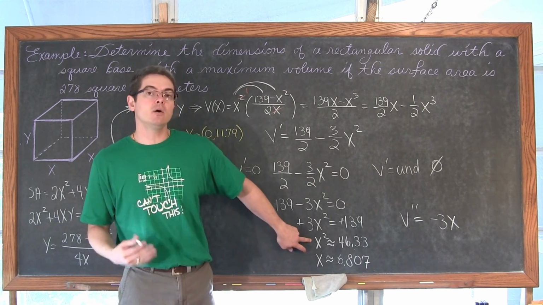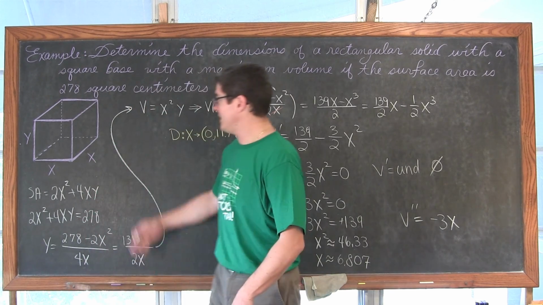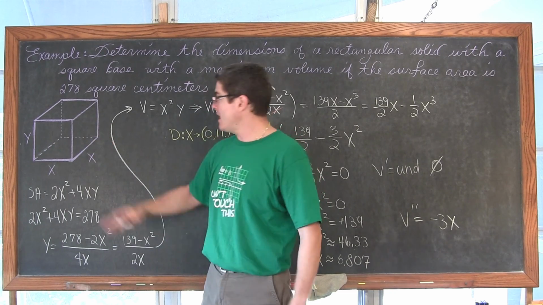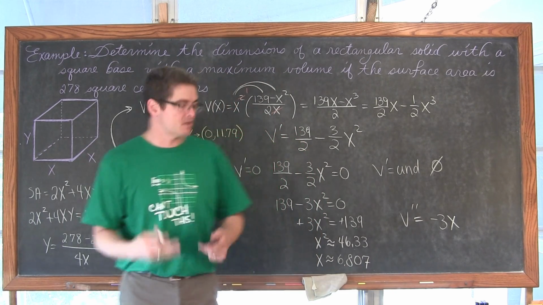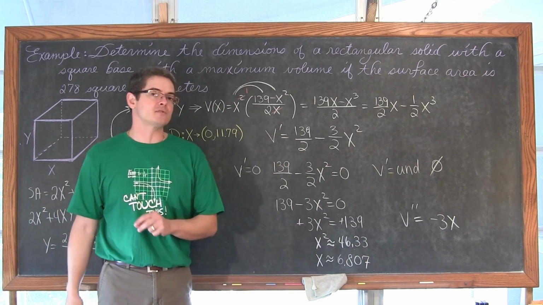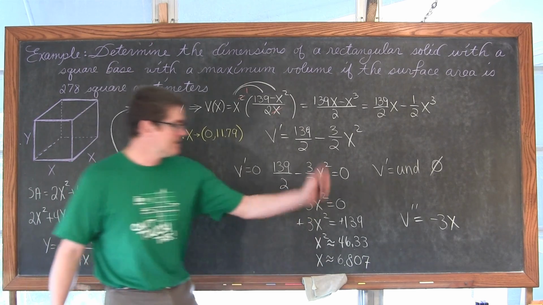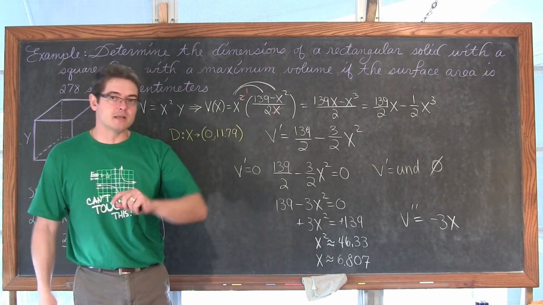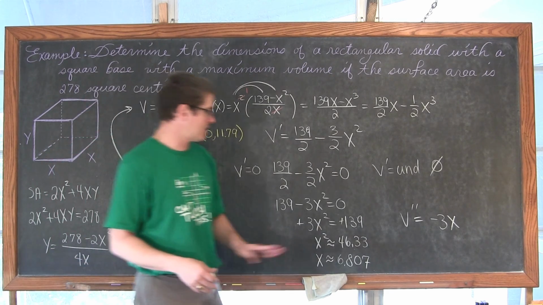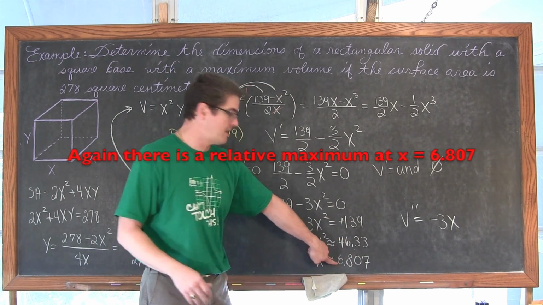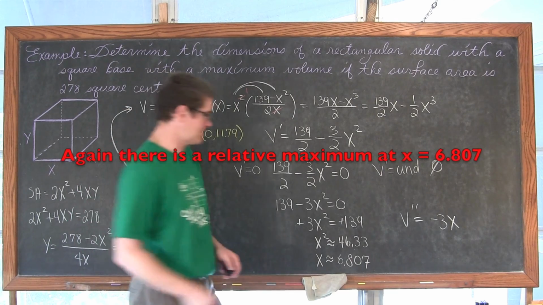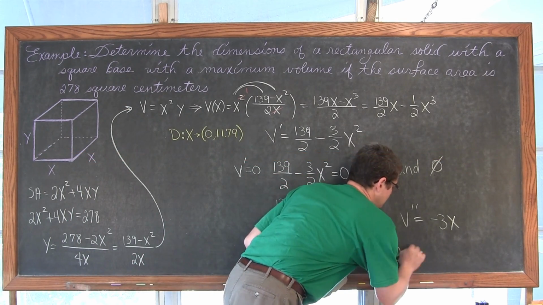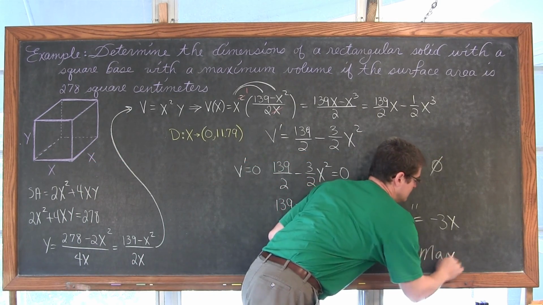I did apply my own square root, but of course we are doing a geometry problem, and we're not going to have a negative length. So we do have just the x of positive 6.807. Times negative 3 means the second derivative is a negative value, which means we are talking about a concave down situation, and this is a relative max.